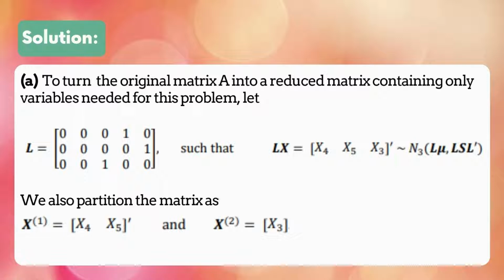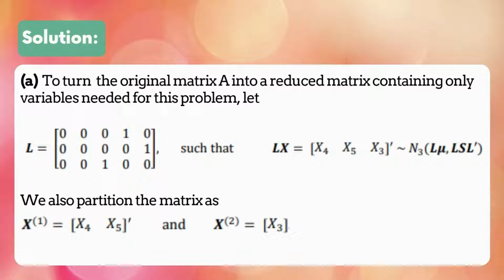The permutation matrix L is a 3 by 5 matrix containing 1 in the 4th column of the first row, the 5th column of the second row, and the 3rd column of the 3rd row, and 0 elsewhere, such that when we premultiply the matrix X by L, we have x4, x5, and x3 transposed, which follows a normal distribution with mean L times mu and variance L times sample covariance S times L transposed.